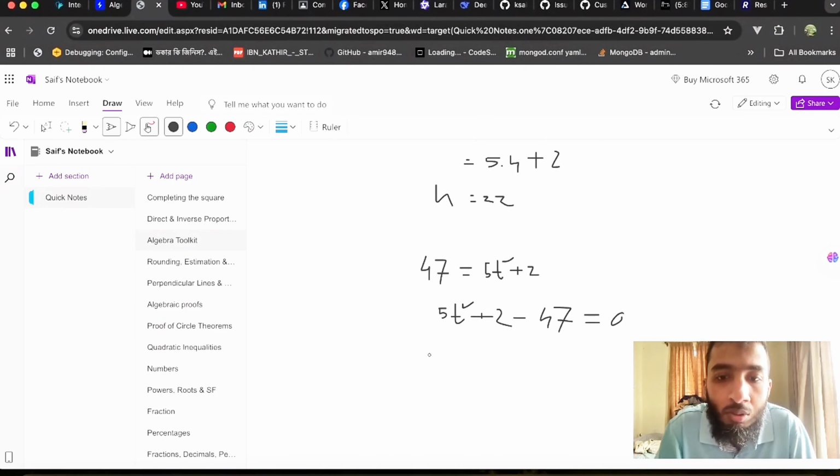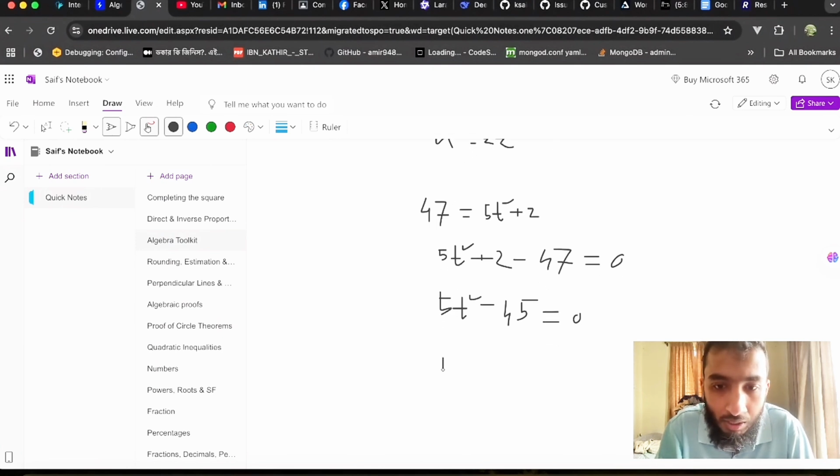Or we can write 5t square minus 45 is 0, or we can write t square minus 9 is 0.